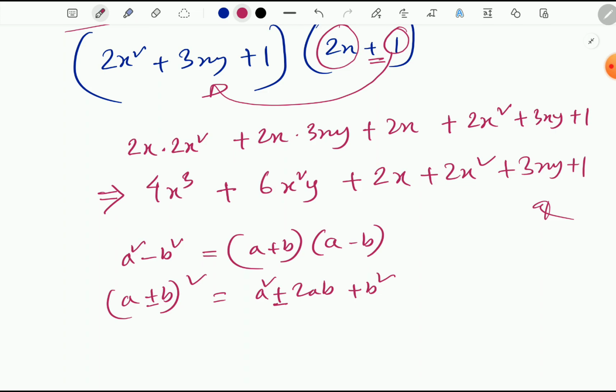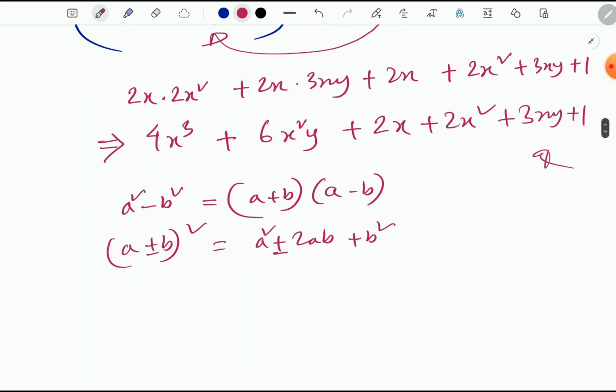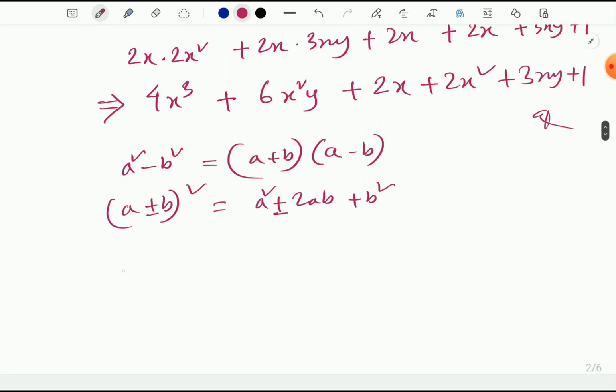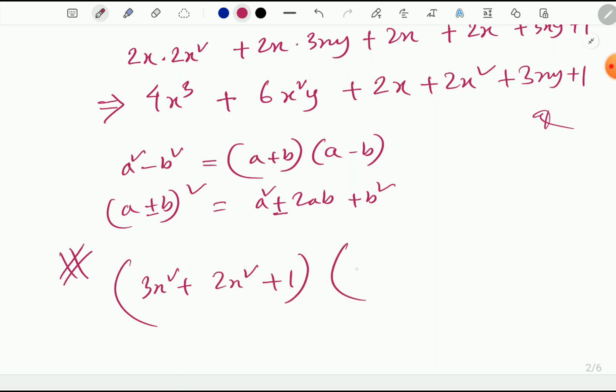So this kind of formula is very important, and you need to learn how to factorize, how to simplify, and how to remove from both sides. In future classes, when I teach about equations, I will talk about those in detail. You will learn. Similarly, if you want to multiply 3x squared plus 2x squared plus 1 by 2x plus 3.